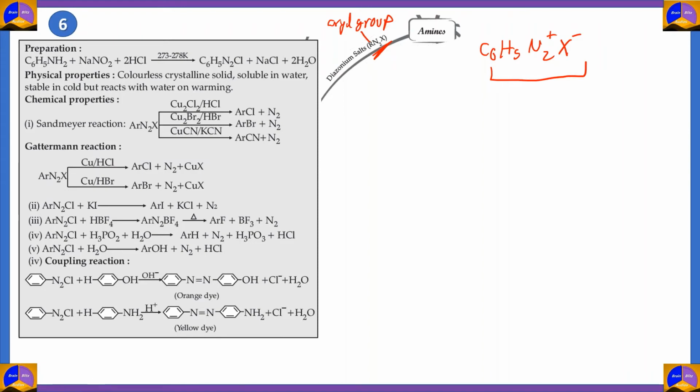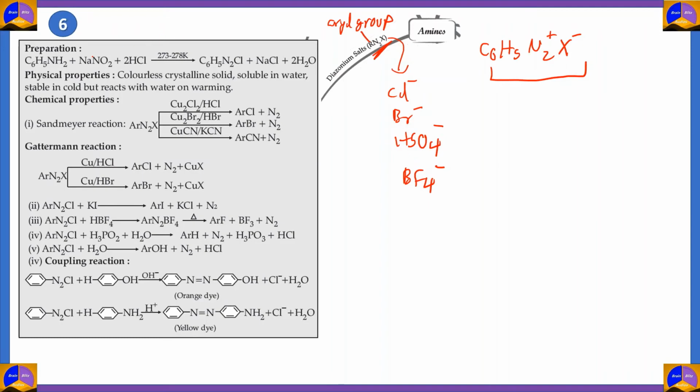If we have an aliphatic compound here, then it would not be stable. It would just dissociate into something else. So the R here is specific for aryl groups. And the X can be Cl, Br, HSO4, BF4, etc. So the ions include Cl minus, Br minus, HSO4 minus, BF4 minus, etc.